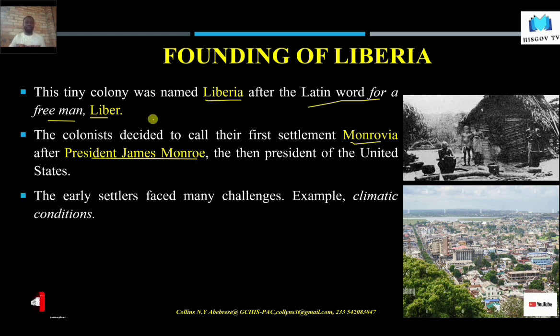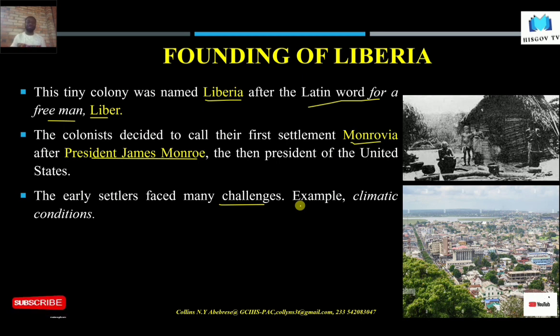So the early settlers faced many challenges. Don't forget, as I said earlier, most of them were not born in Liberia, and therefore they faced many challenges such as climatic conditions, because the climate in West Africa is quite different from that of the US. And so some of them would die as a result of illness and other things.